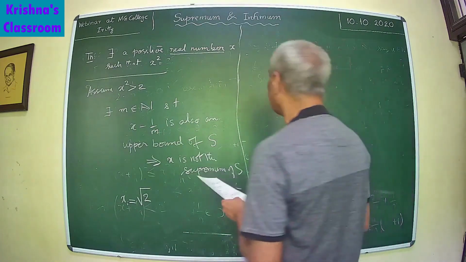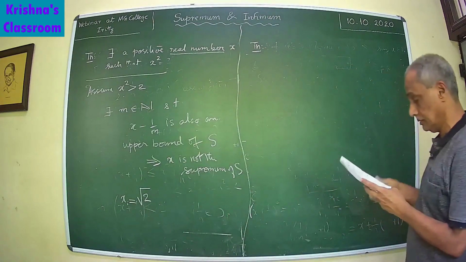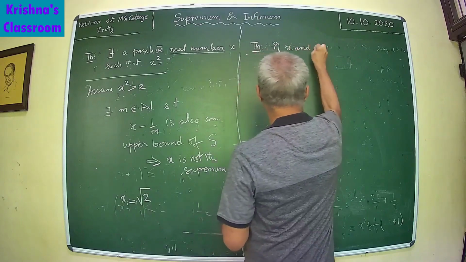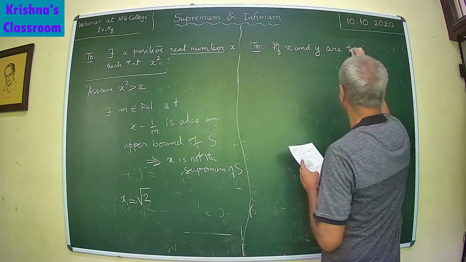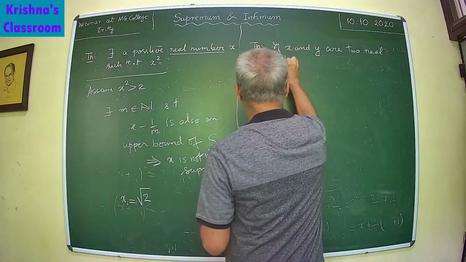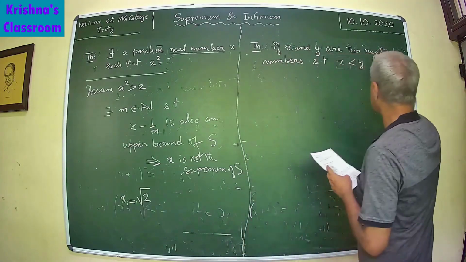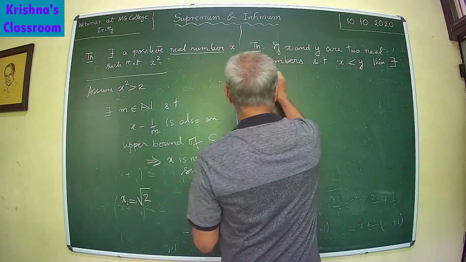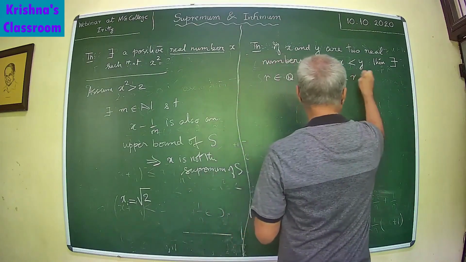Now there are two important results, proofs of which are fairly simple. It says that if x and y are two real numbers such that x is less than y, then there exists a rational number r belonging to Q such that x is less than r less than y.